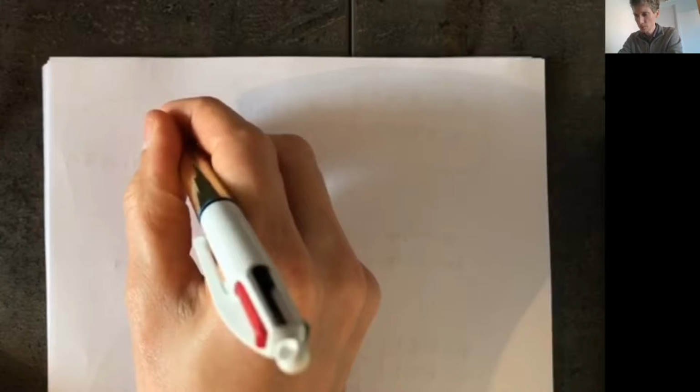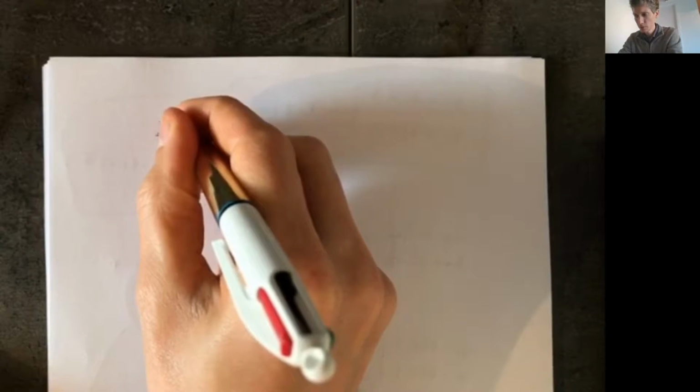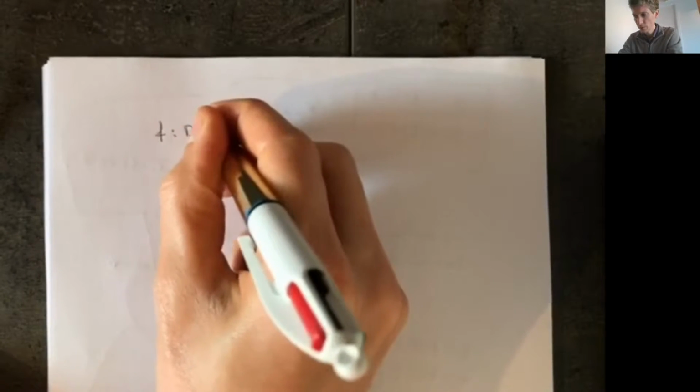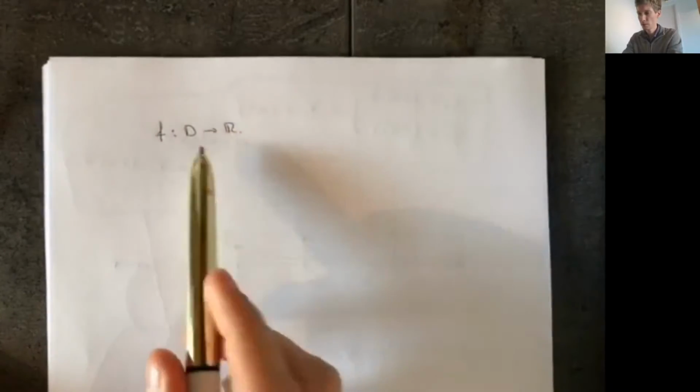So there's a related condition that's called not convexity of a function, but concavity. For concavity, we have a function from some domain to R, and again you assume that the domain is convex.